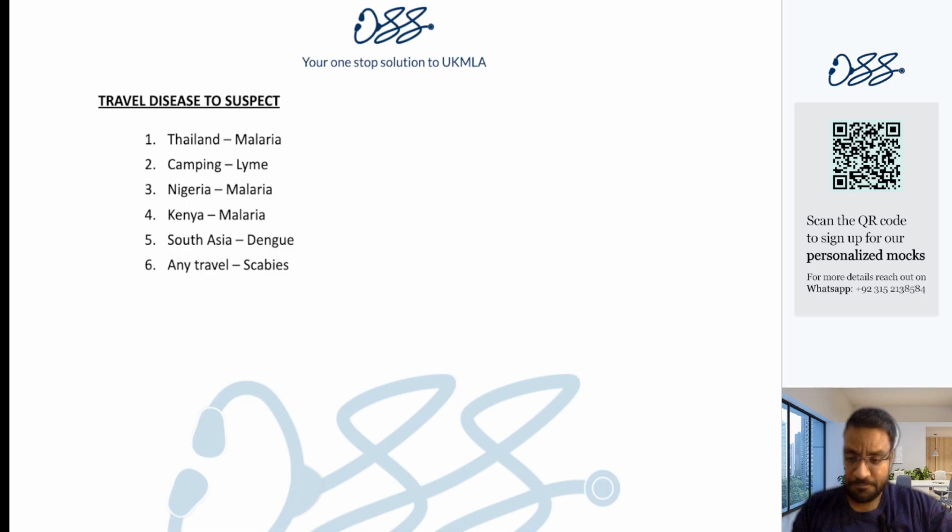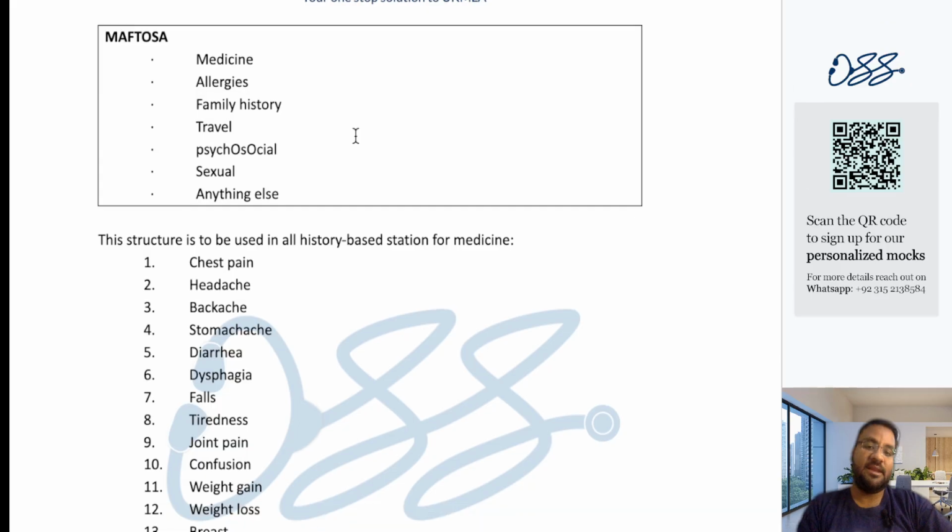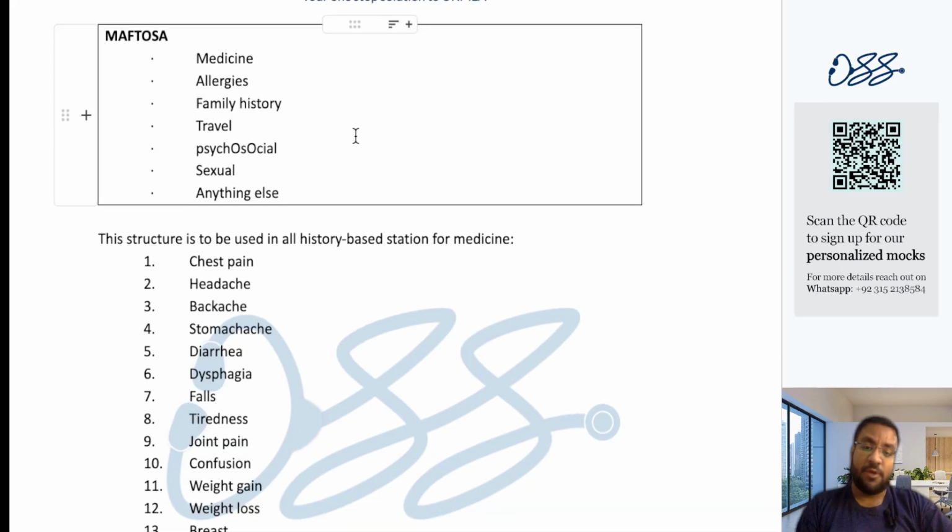So make sure that you are inquiring about the travel. And you can ask about the travel in terms of the medical aspect. For example, if somebody had a recent travel, then they might be having pulmonary embolism because of a long flight. So the logic needs to be there: why are you asking about the travel history?